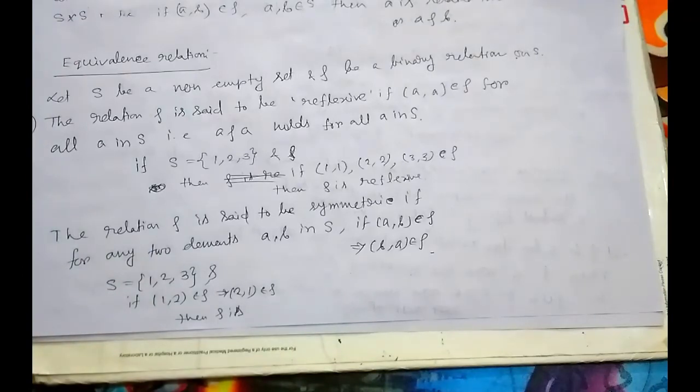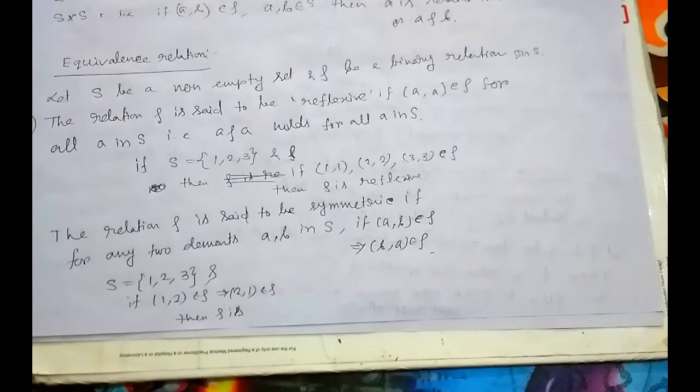You have to observe properly that if rho has to be symmetric, then this condition need to hold for all elements of S. If A comma B belongs to rho and if we find B comma A belongs to rho, then rho is symmetric.